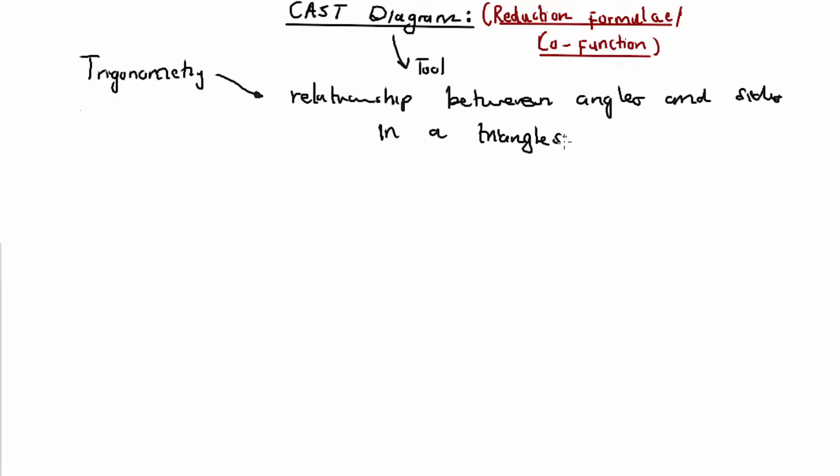I want to give a bigger picture before we start solving reduction formulas and co-functions and working with them. So trigonometry is basically what? The relationship between angles and sides in triangles.